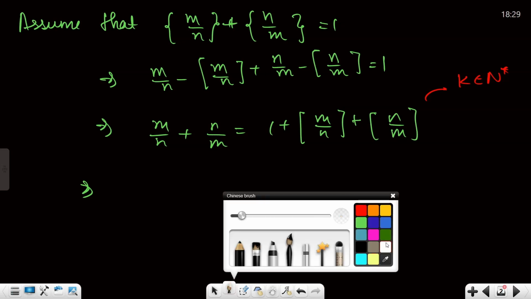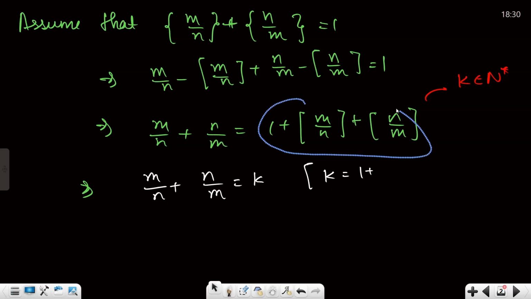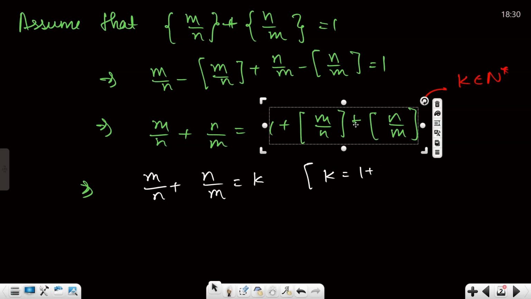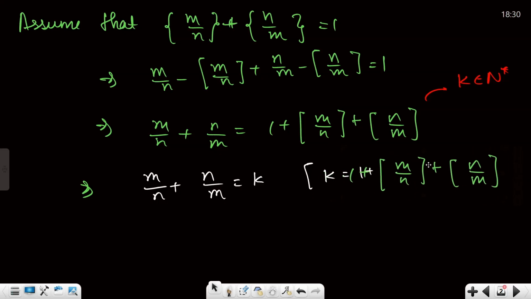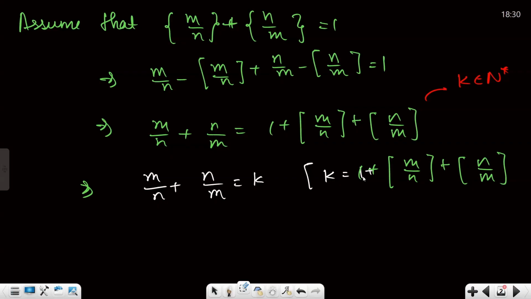And after that, we can write it like m by n plus n by m is equal to k, where k is equal to 1 plus this thing. I'll just copy it and bring it over here. Yes, we've written this, and k belongs to N.